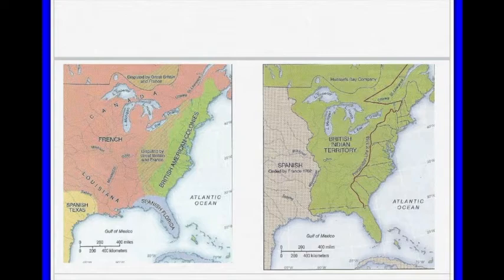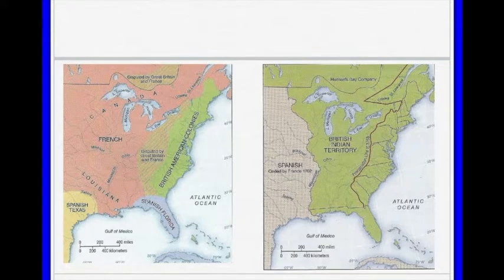And here is the crux of why the 7 Years' War was a cause of the American Revolution. The 7 Years' War cost the English Empire a lot of money, and so did these Indian rebellions. So the British Empire taxed the British colonies to help pay for the war.